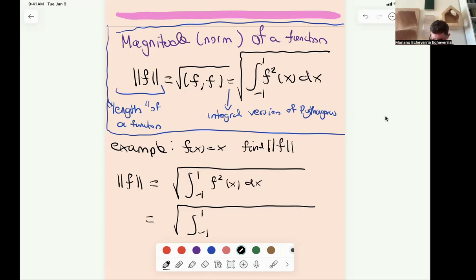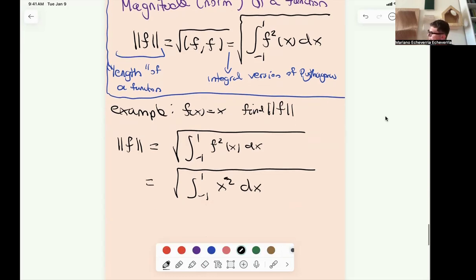So you square f, in this case x squared, but you have to integrate here. And so what does that give you? That gives you 2/3, right?